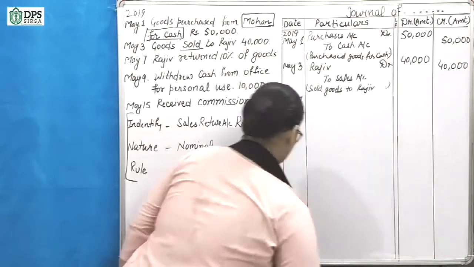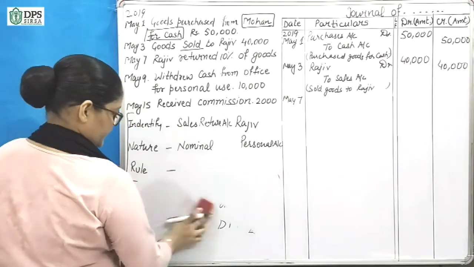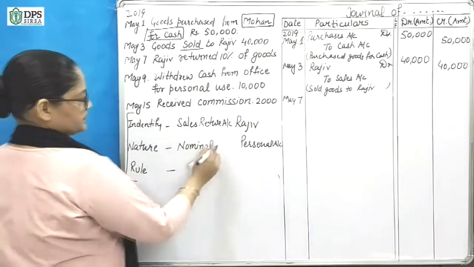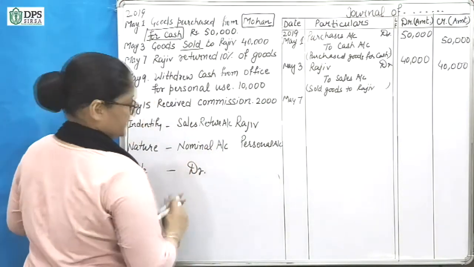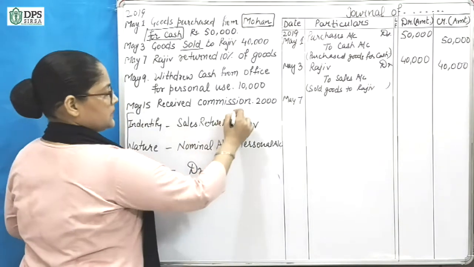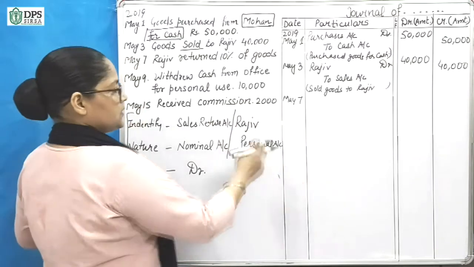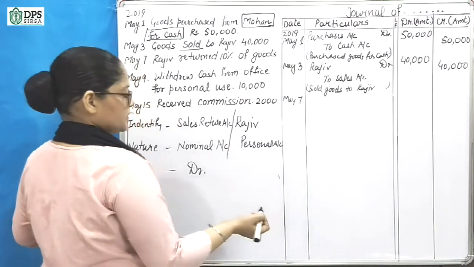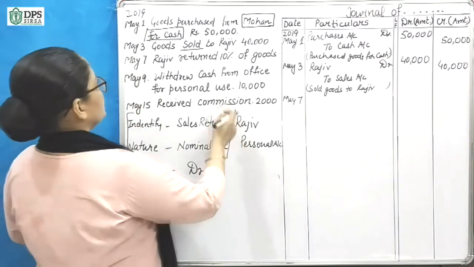So whenever we are dealing with sale return, the sale return will be debited. And Rajiv is receiving back the goods. Now Rajiv is the receiver, so debit the receiver and credit the giver.